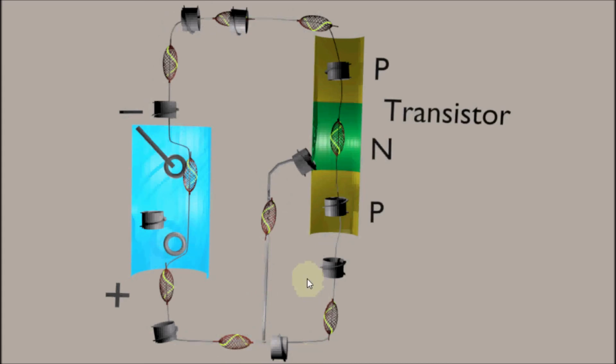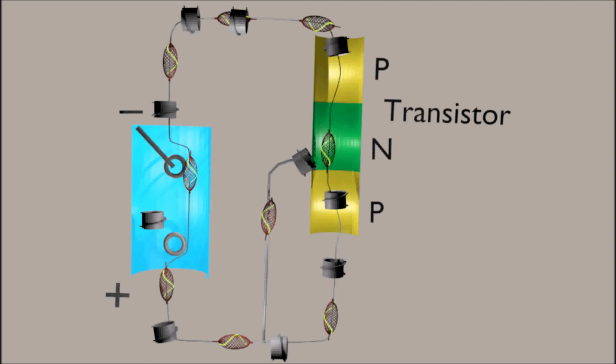Okay, so now, what if we reverse the directions of everything? Now if I have a positive here, it's going to attract that electron, and if we have a negative here, I switch the polarity right now, a negative there is going to attract that positive hole. You've got a big gap in here, nothing flows.